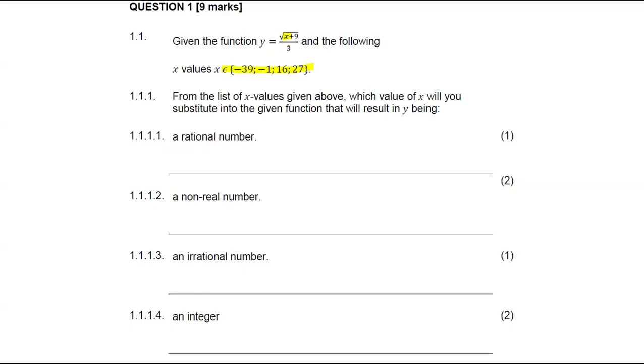That's where you need to go back to the basic definitions. What is a rational number? A rational number is simply a number that can be expressed as a fraction, and it includes recurring decimals.